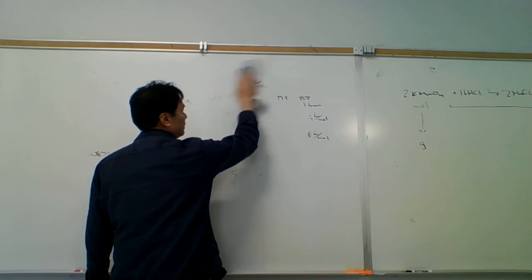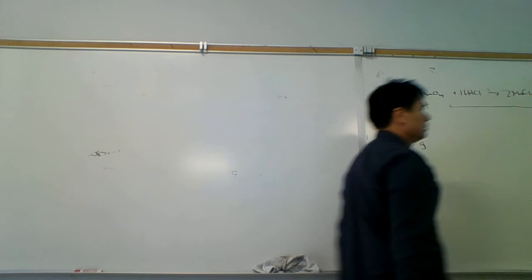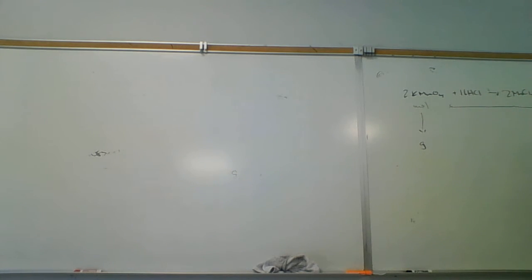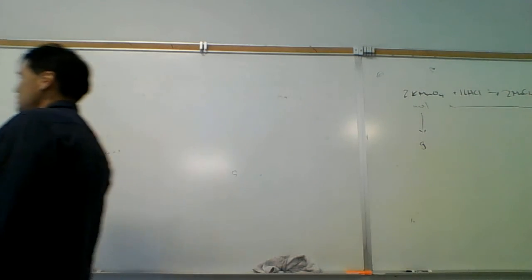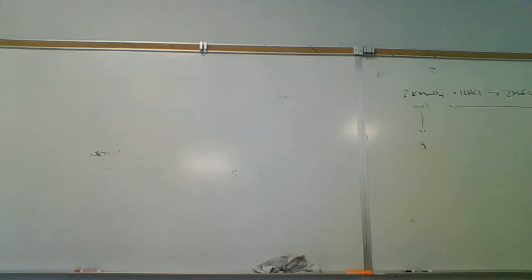Iron disulfide. So sometimes this is called iron disulfide. The reason it's called iron disulfide is because it's a weird species. Normally sulfide is what charge? -2. So if sulfide's -2, then what would that make iron? +4.